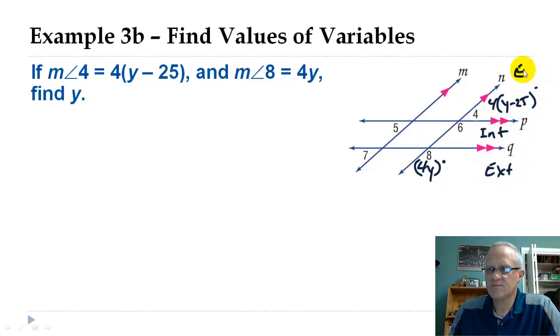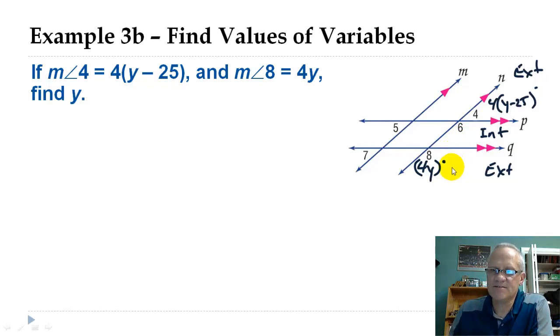This is exterior. All right, so these angles are both exterior. The only thing that we have where they're both exterior is alternate exterior angles. Well, these aren't alternate, they're on the same side. Alternate would mean one here and one over here, like 8 and whatever this one would be over here. All right, well, we have to figure out something else here that we can work through this.